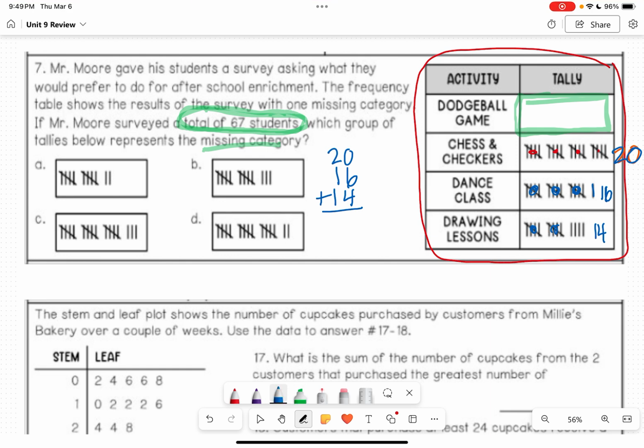So I'm going to go back over here and get 67. And whatever answer you get down here is what you're going to subtract right here. So add up your numbers first and then subtract it from your total, which should give you a number that is represented in one of these boxes. You have to figure out which box it's going to be.